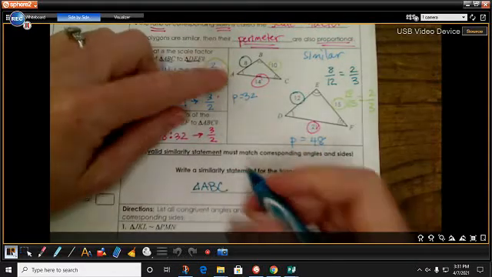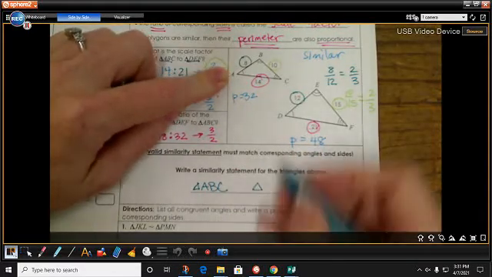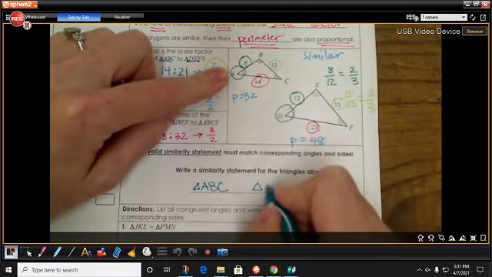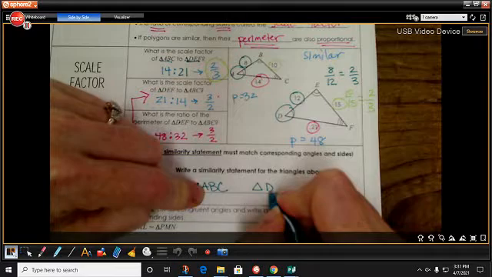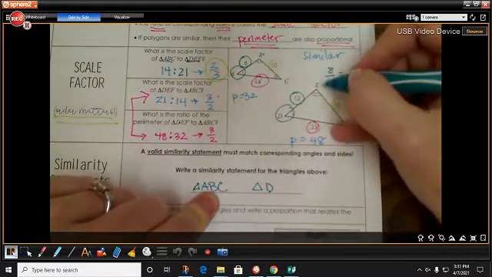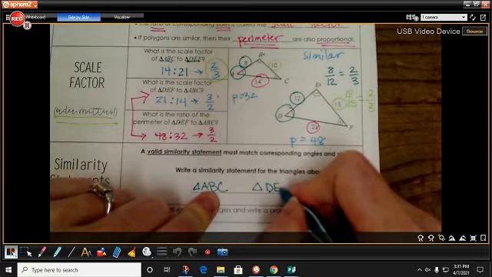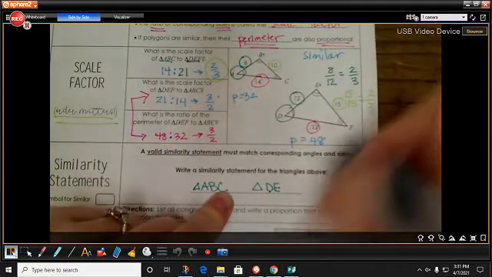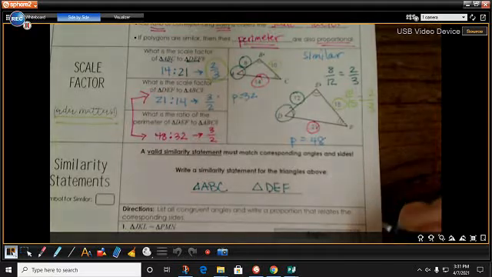If I start with A first, the one that is going to be congruent to it is D. So I need to start with D first. Then I have B next, and the one that matches up with it is E. And then I have C next on my first triangle, so I need to do F next on my second triangle.